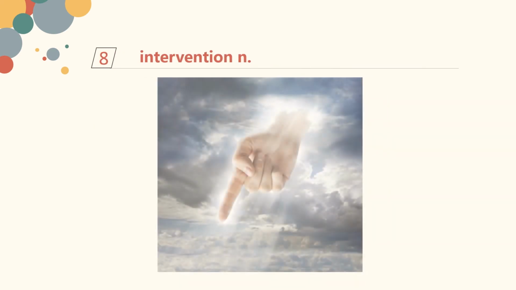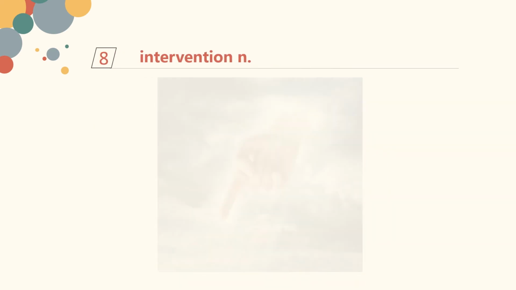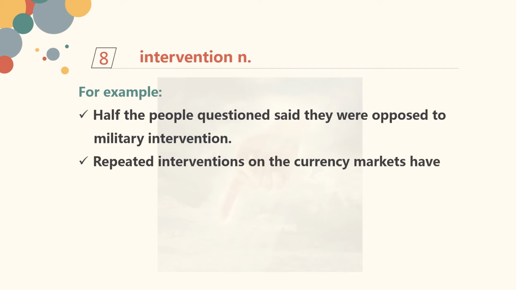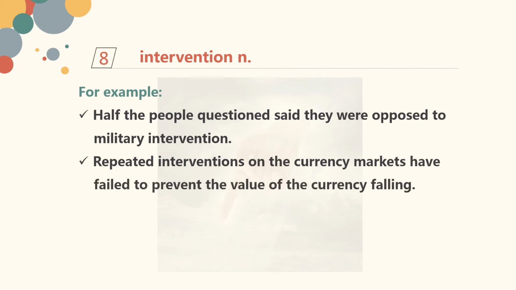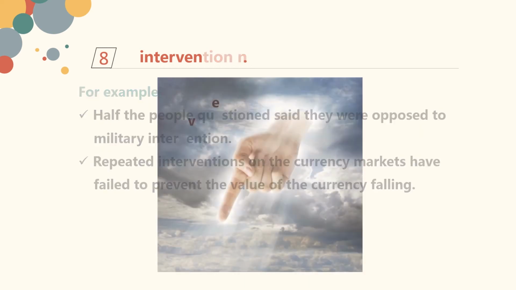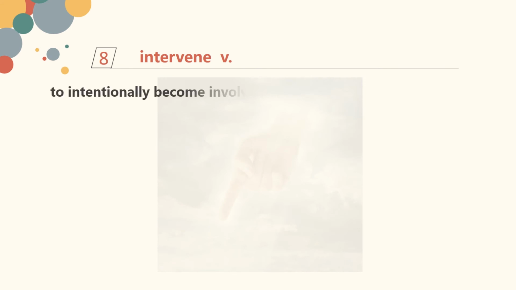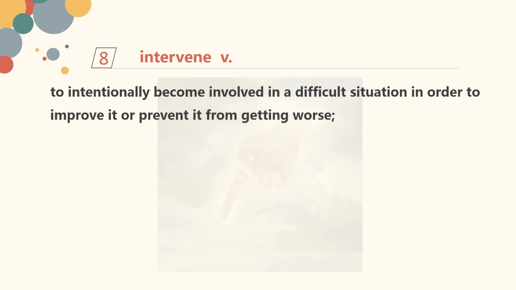Number 8, intervention. For example, half the people questioned said they were opposed to military intervention. Repeated interventions on currency markets have failed to prevent the value of a currency falling. Intervene, to intentionally become involved in a difficult situation in order to improve it or prevent it from getting worse.